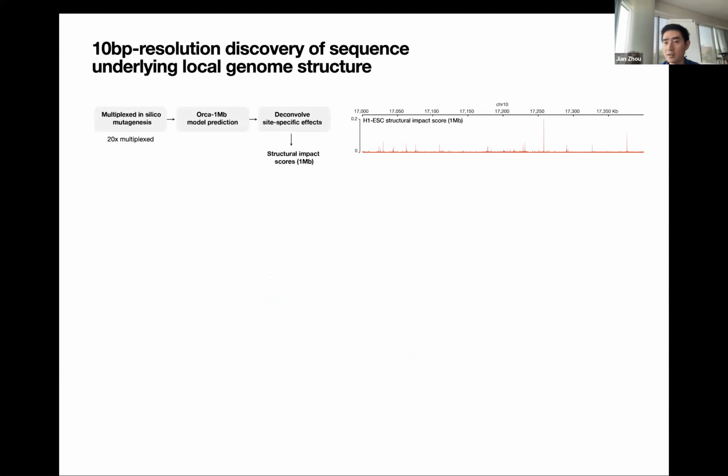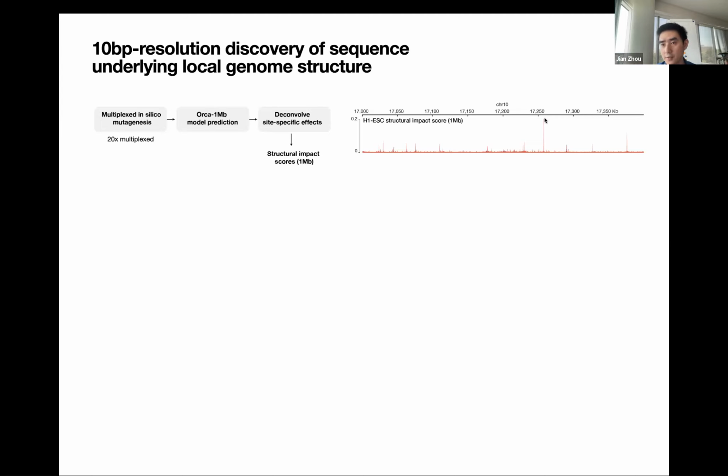We mutated every 10 base pairs in the genome, and every 10 base pairs is mutated 3 times: we randomly shuffle the 10 base pairs 3 times and take the one with the minimal effect. This gives us a track like this, which shows us the effect of that 10 base pair sequence on the 3D genome structure at every genomic location.